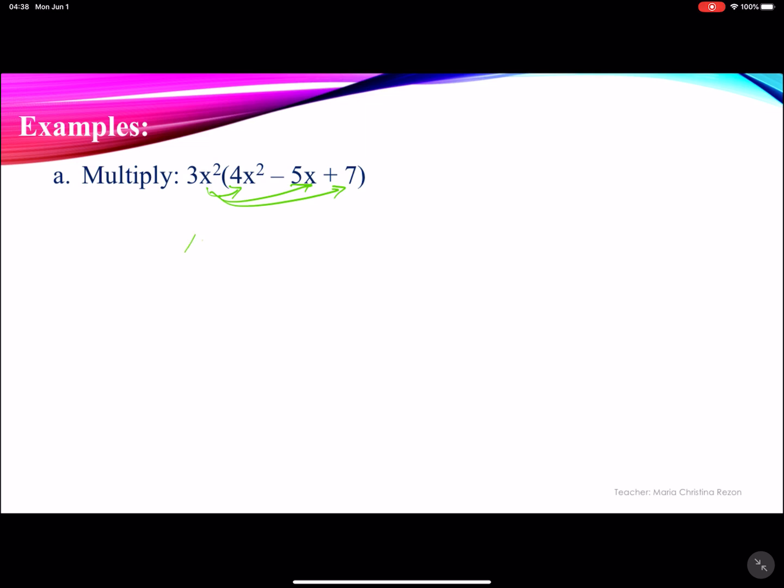That is 12x to the 4th. And then 3 times negative 5, that is negative 15. The variable will be x cubed. And then 3 times 7 gives you 21x squared. So this is now your answer.